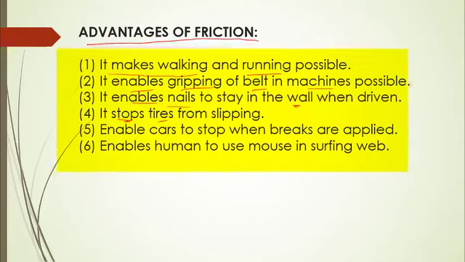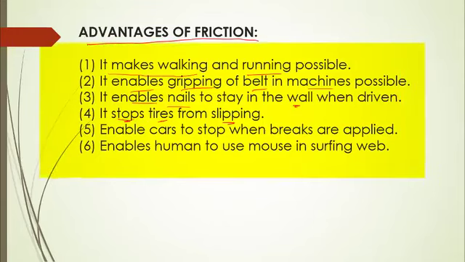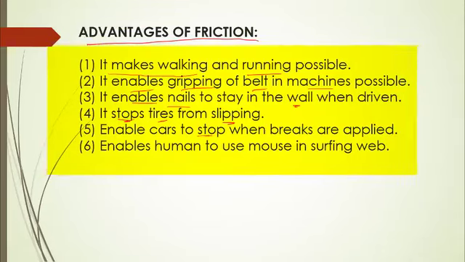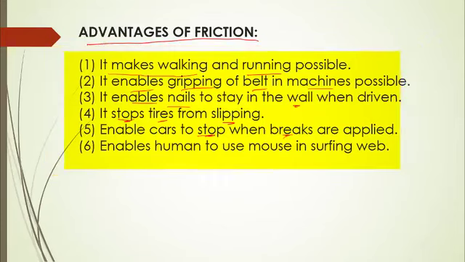Also on the road, it stops the tires of vehicles from slipping, which could lead to brake failure and subsequently accident. It also enables cars to stop or come to an abrupt halt when brakes are applied. Without friction, a car would not be able to stop.